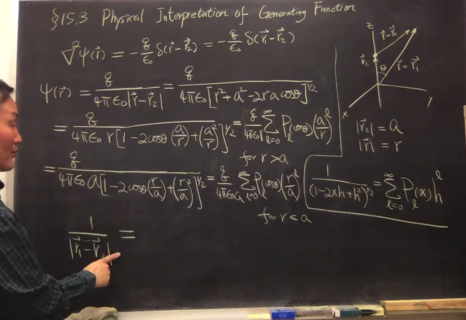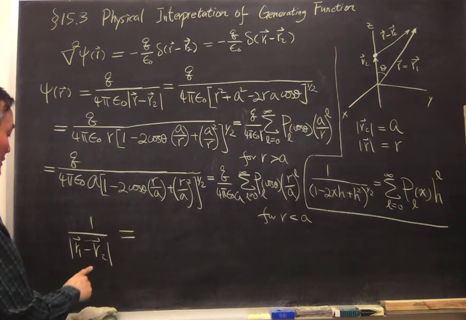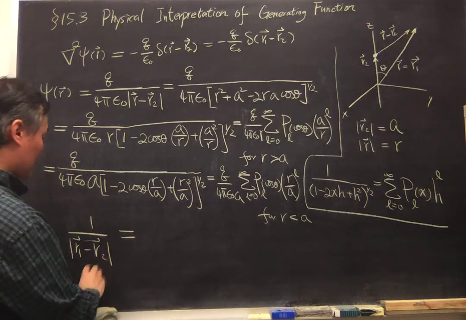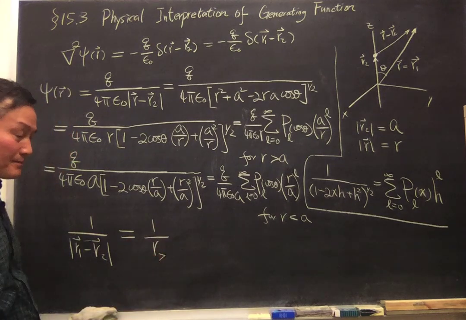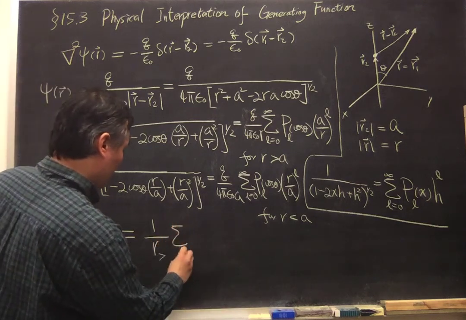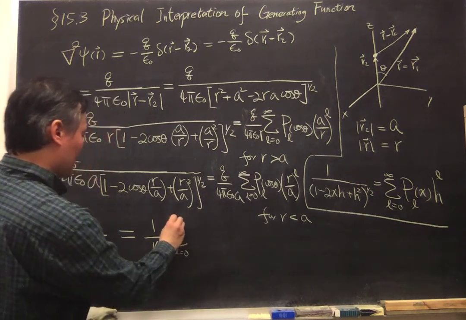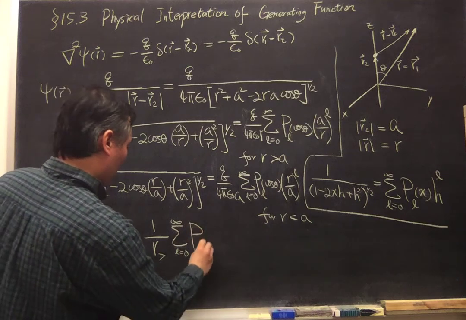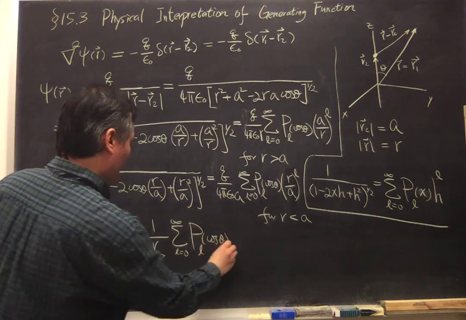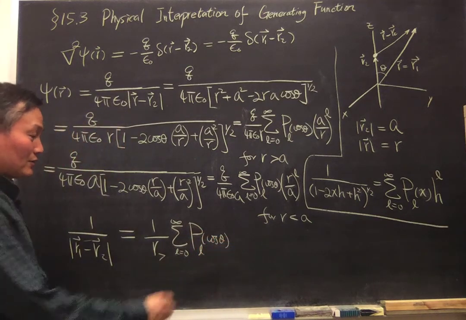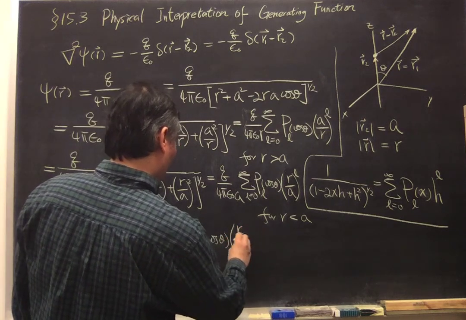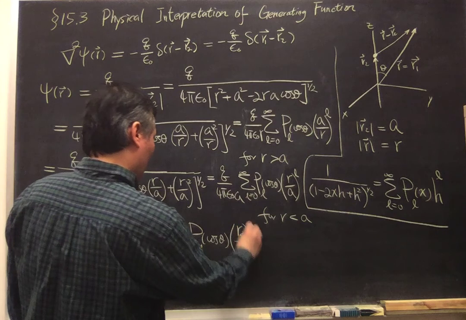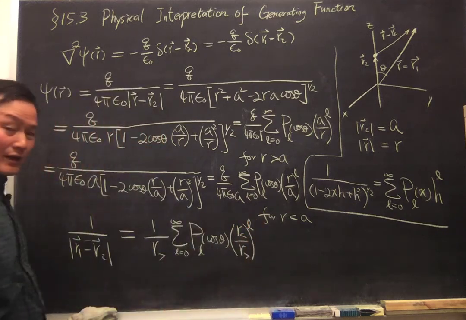So we can write this in terms of a symbol R greater: sum over L from 0 to infinity of P_L cosine theta, where theta is the angle between R1 and R2, and then the expansion power R smaller divided by R greater to the power of L.